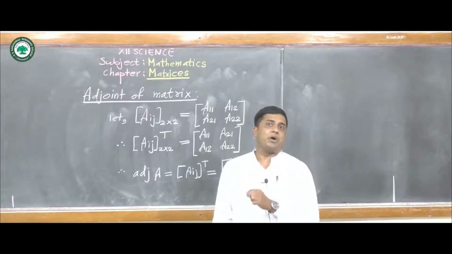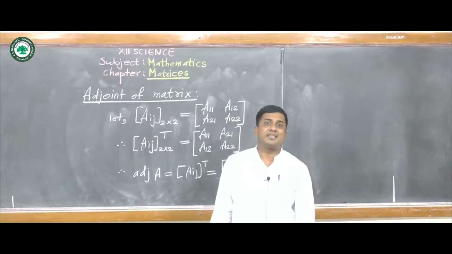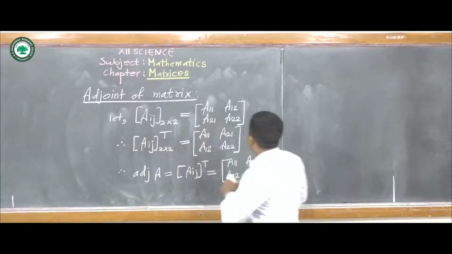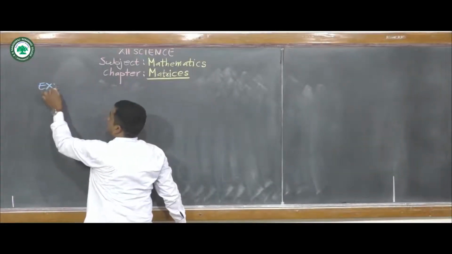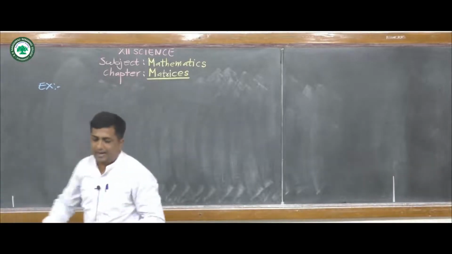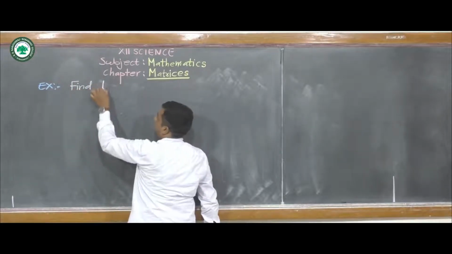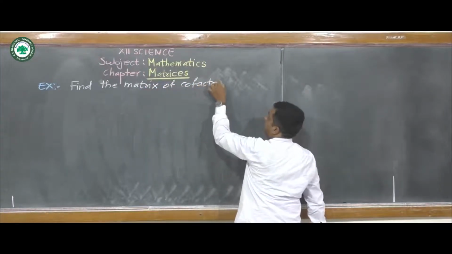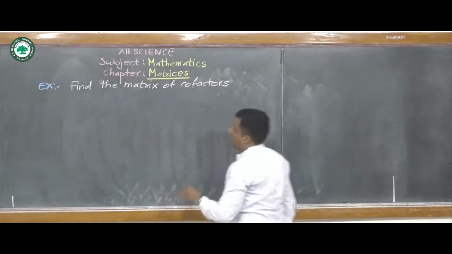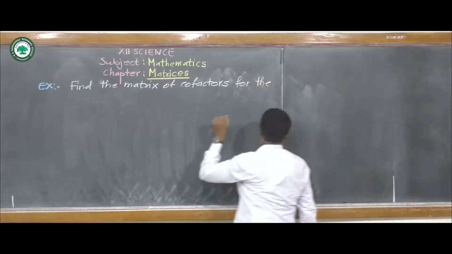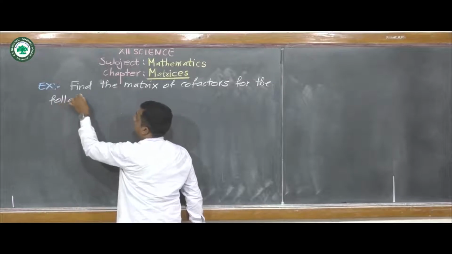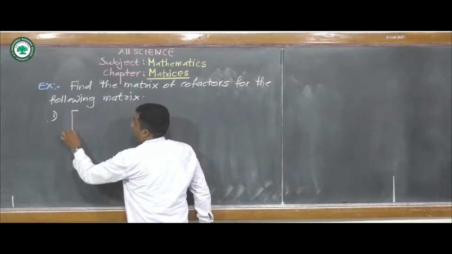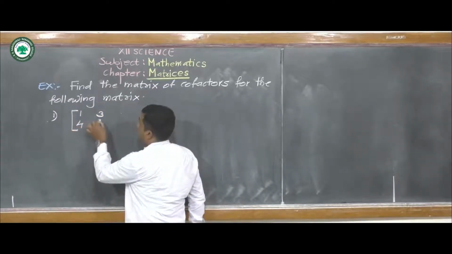Before we go with the concept of inverse of a matrix by the adjoint method, let us see some examples depending on minors, cofactor and adjoint of a matrix. Here the given example is: find the matrix of cofactors for the following matrix, given as 1, 3, 4, 1.